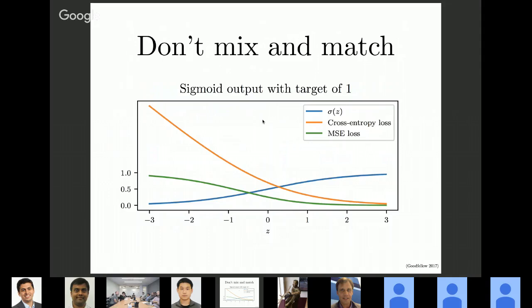If we compute the cross entropy between the distribution that has the 1 class selected deterministically and the distribution defined by the sigmoid function applied to z, we get this loss function here, this orange curve. And that's the one that I recommended in the table 2 slides ago. Over here, where your model is very wrong, you're predicting 0 rather than 1, the loss function increases linearly as you move further to the left, as you get more and more wrong.